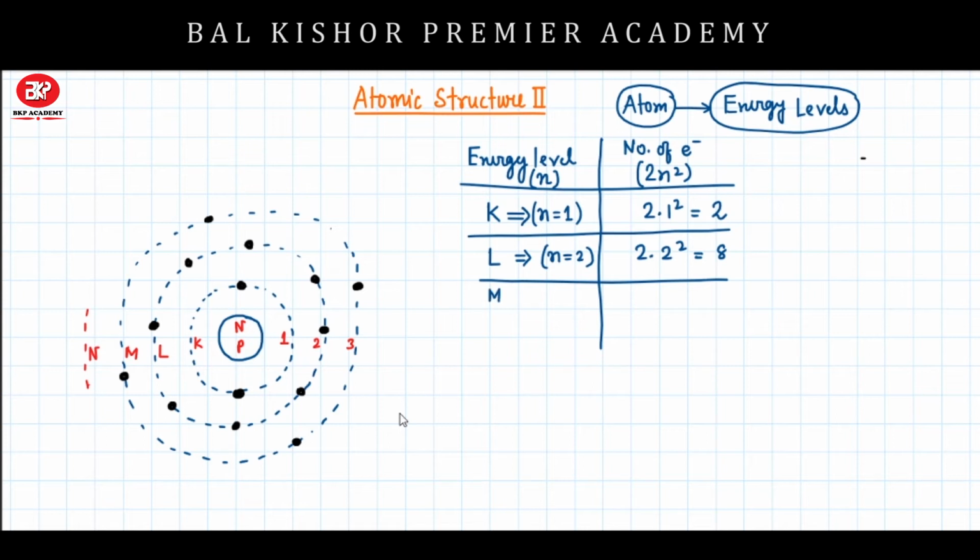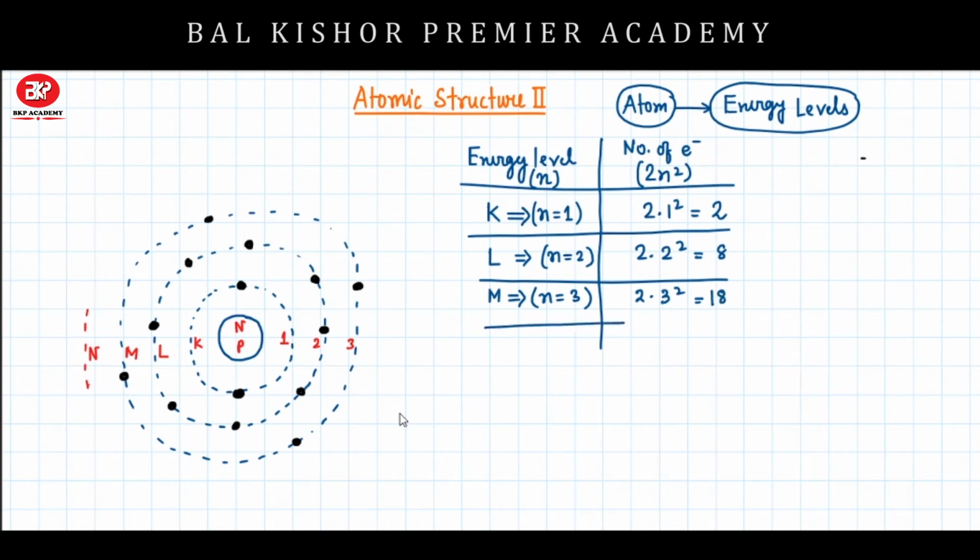Similarly, in the M energy level, the n value is 3, so the total number of electrons in this energy level is 2 into 3 square, that is 9 into 2, which is 18.